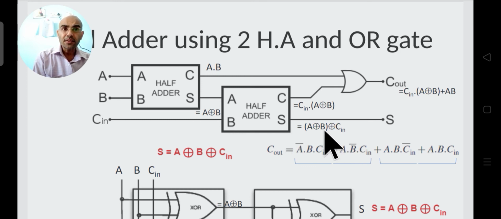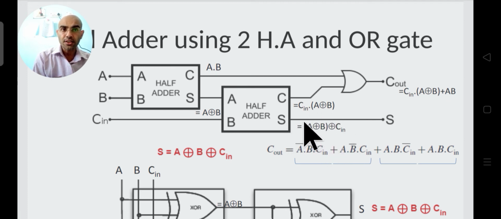So together, let's say this is your variable x equal to A XOR B, so it is becoming x XOR carry in. You see x was equal to A XOR B, so that is what is coming.